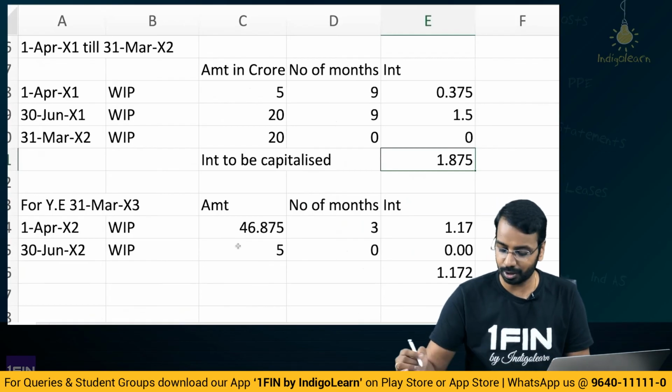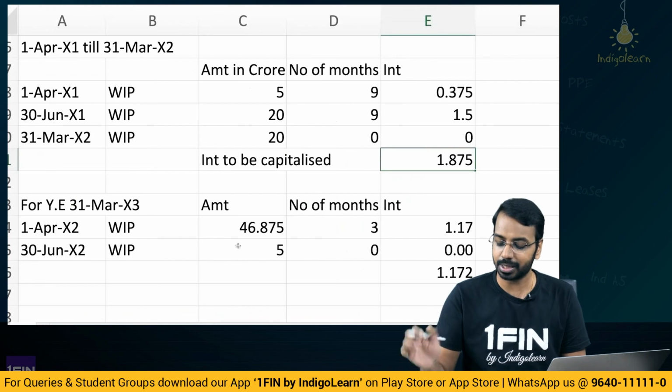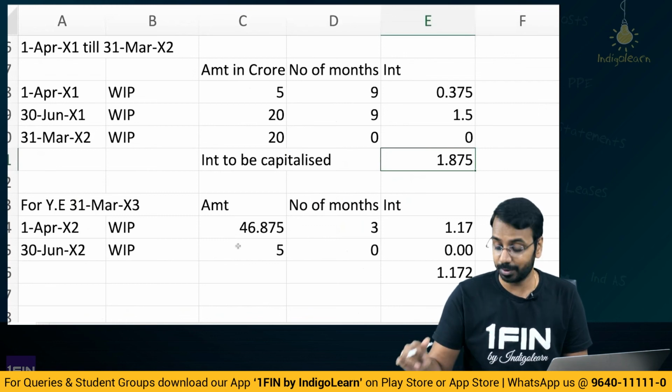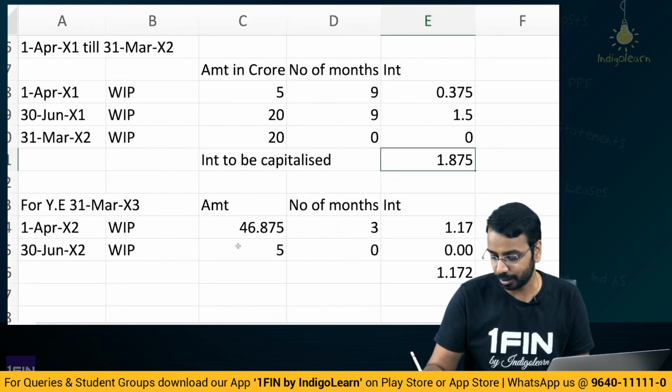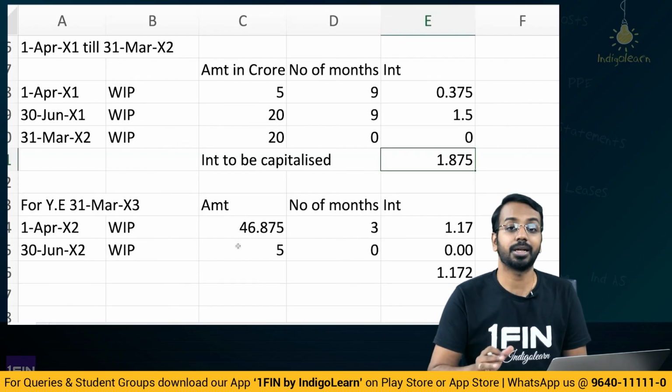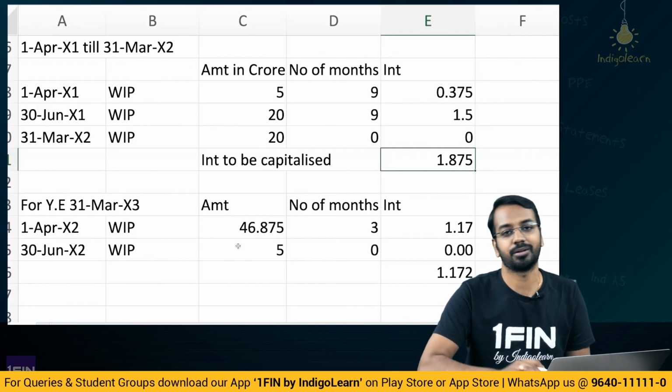Now, for this, what you need to understand is, as far as the amount of expenditure is concerned, what the standard says is, the amount of expenditure can be your carrying amount plus interest already incurred, right? So, to that extent, you can consider that, okay, this is an approximation of the amount on which the capitalization rate has to be applied.